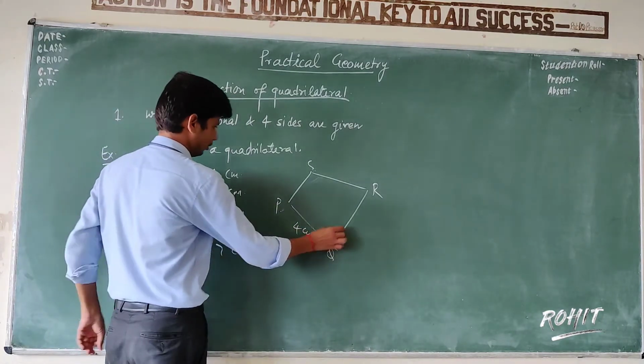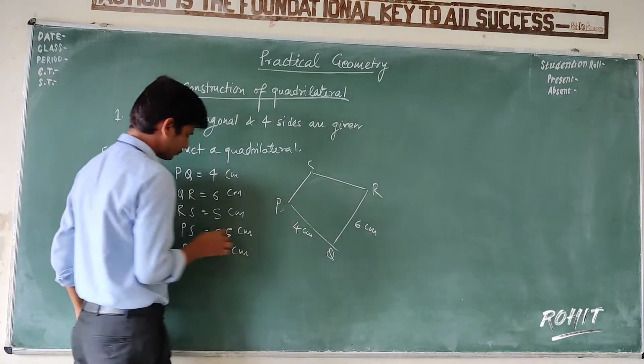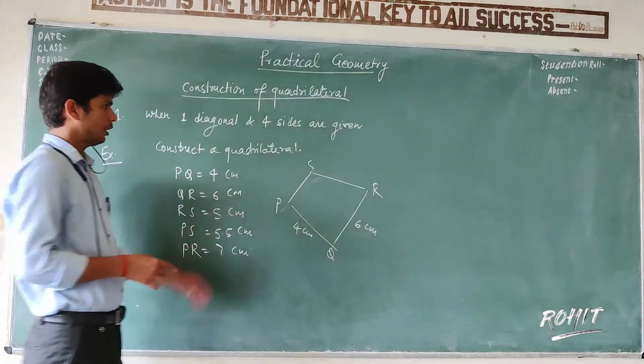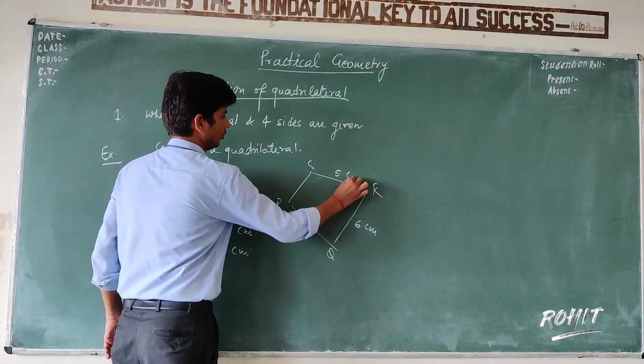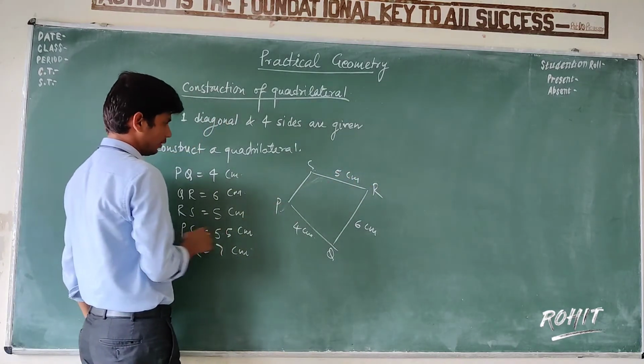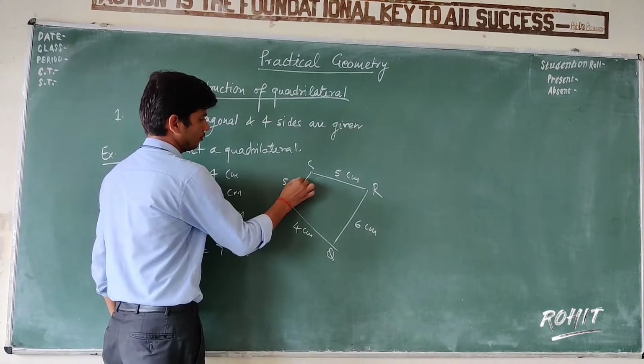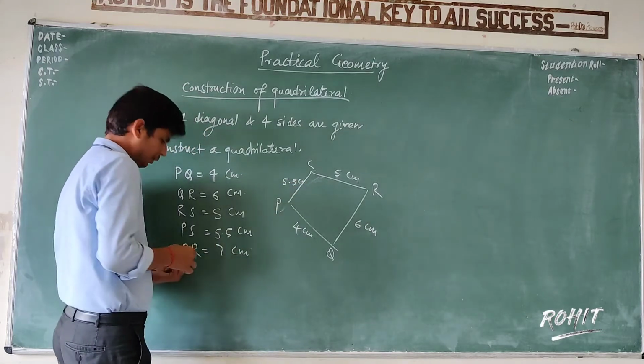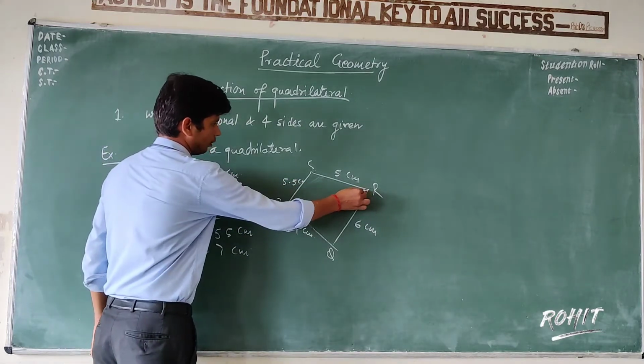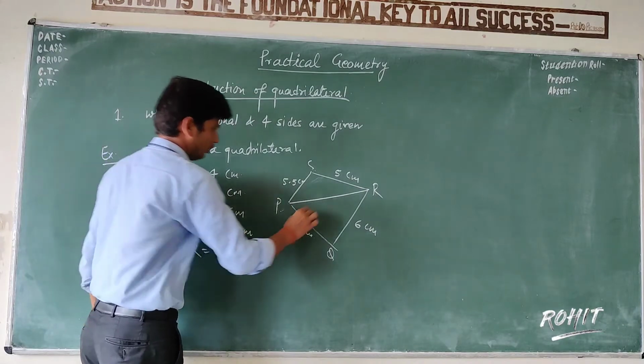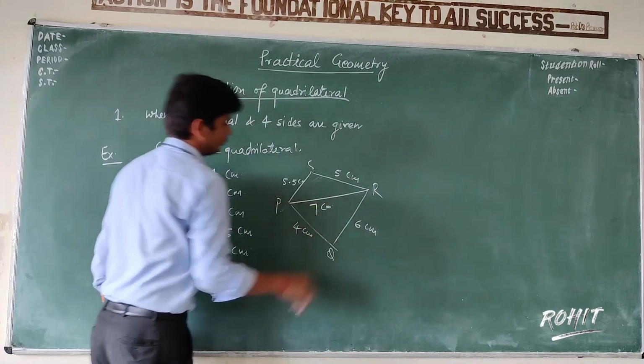QR means 6 centimeter. RS means this is 5 centimeter. PS 5.5 centimeter. PR means the diagonal, and this diagonal is 7.